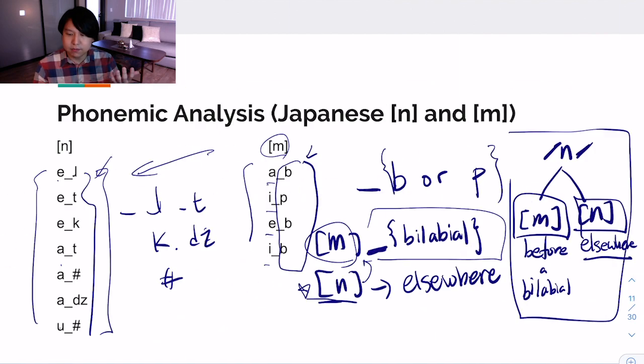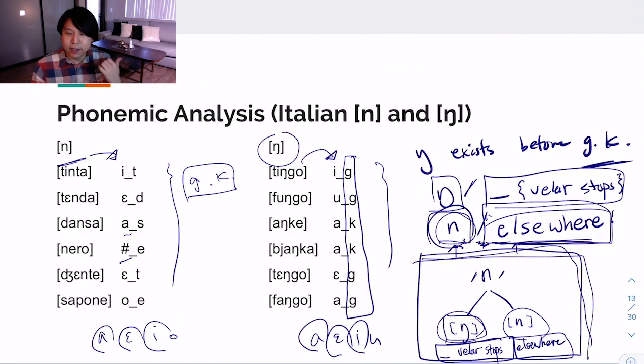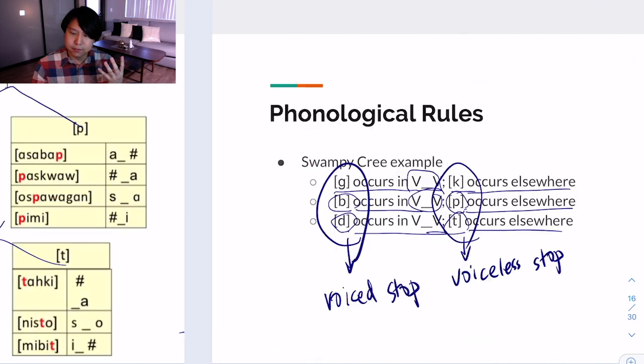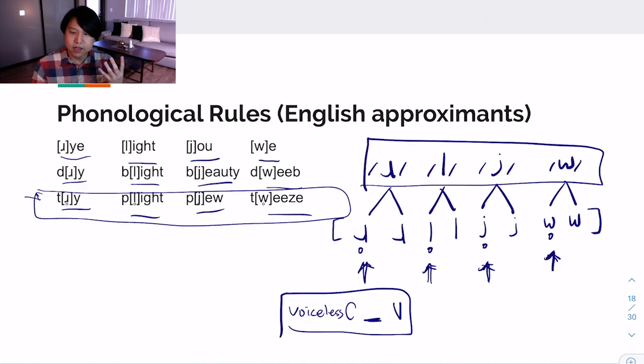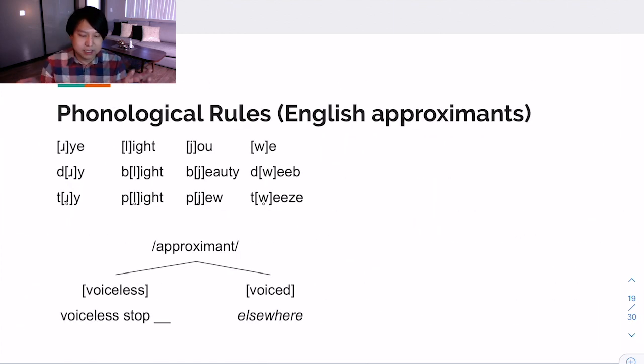So it's a natural class including four different phonemes in English that all go through the same rule, where it becomes voiceless when it follows a voiceless consonant, a voiceless stop.